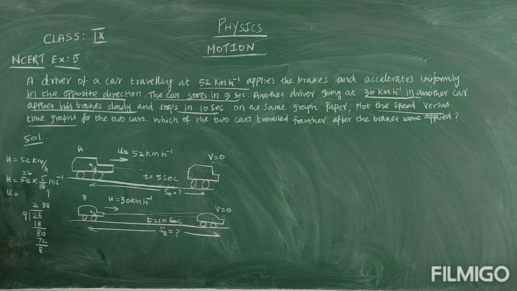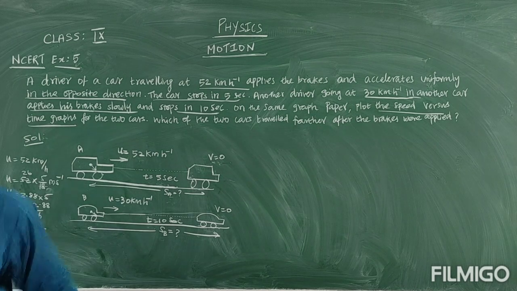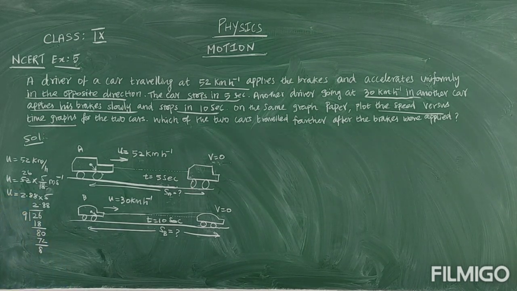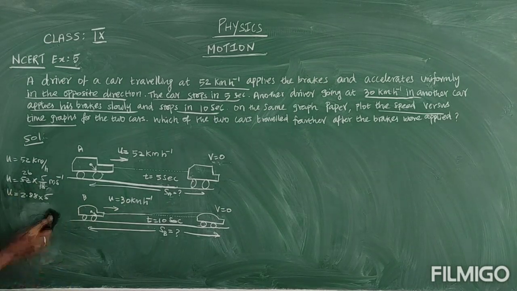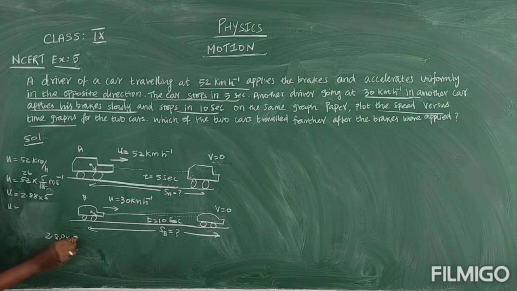Okay, so now I can write 2.88 into 5. So 2.88 into 5: 40, 40, then 10.